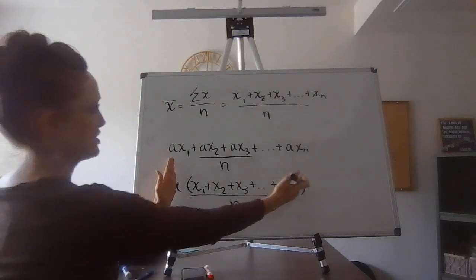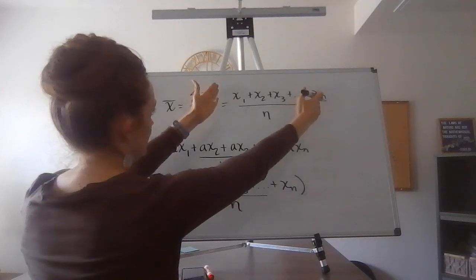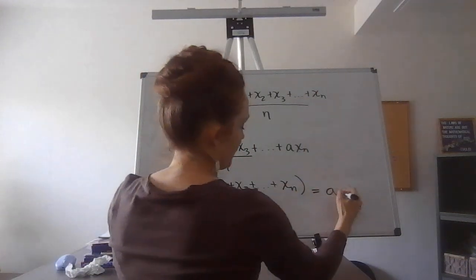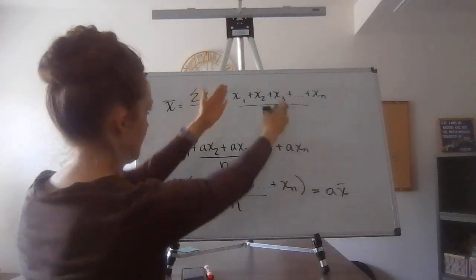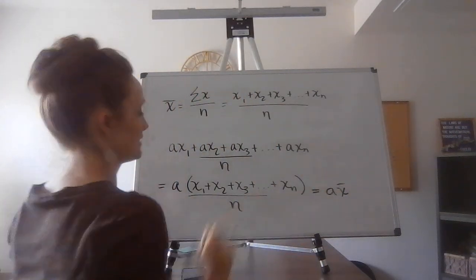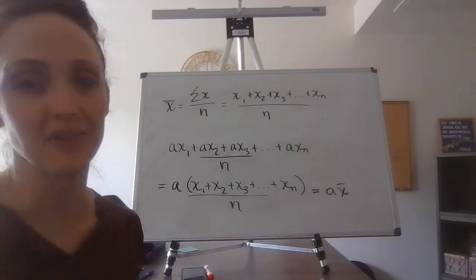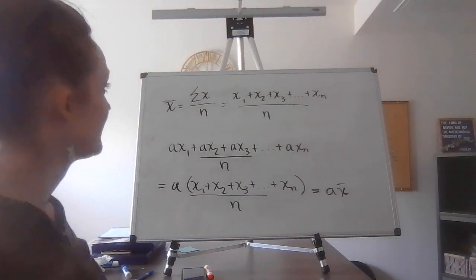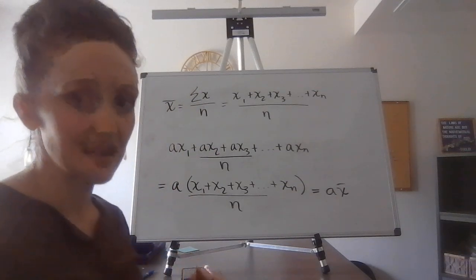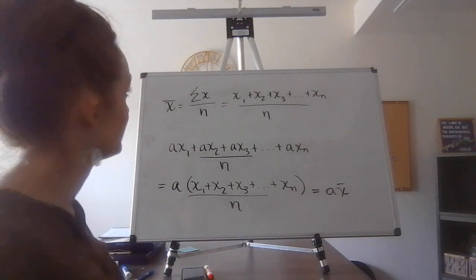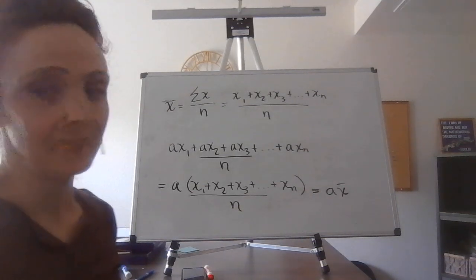Well, look at that. This chunk of it is just that, right? So this is just equal to a times x bar. We can substitute that chunk that's exactly the same there and there. That's just x bar. So we proved it really, really simply algebraically. And it is true that if we multiplied each value in a data set by the same value, we're going to get that same multiple for the mean.